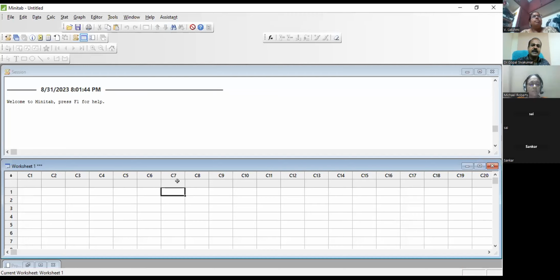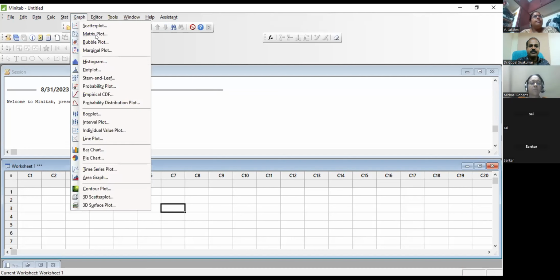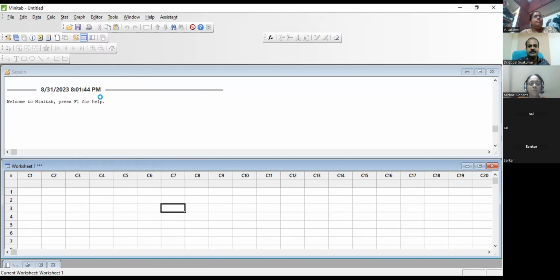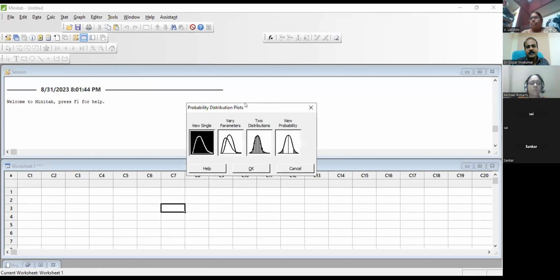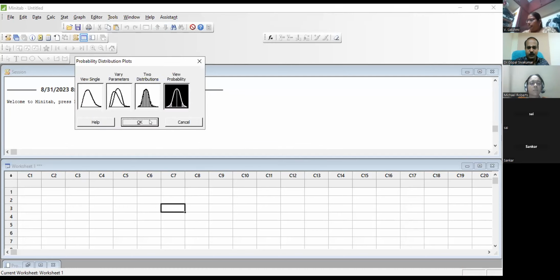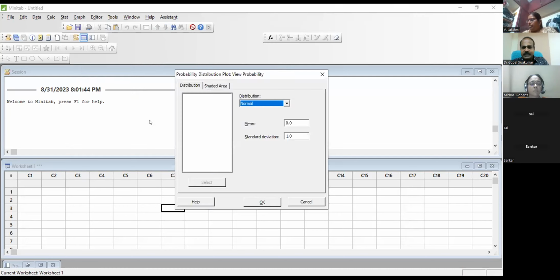Can you see Minitab here? Now, graph, probability distribution plot, view probability. In the question asked, do you see that it is a completely theoretical question? No situation is explained.